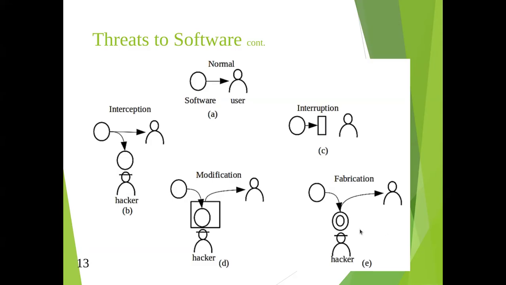The fabrication is when they add some code, but the user cannot see anything different. There are other processes going on inside the software, so they can implement something to destroy this software one day, but until then the user doesn't know what will happen.